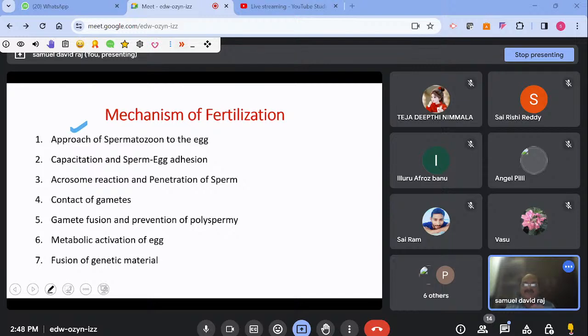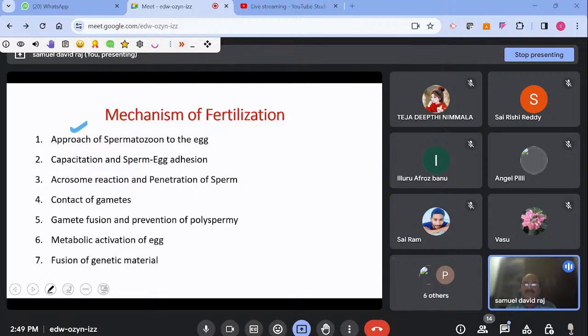The third one, penetration of the sperm through the egg membranes has to take place so that it comes in contact with the plasma membrane of the egg. After that, the gametes fuse, and as many millions of sperms reach the egg, polyspermy has to be prevented.